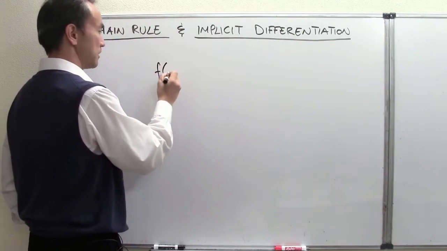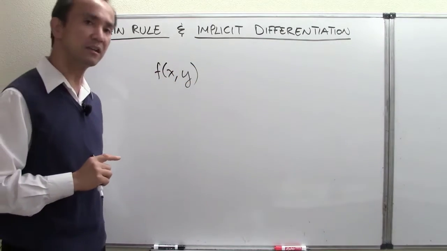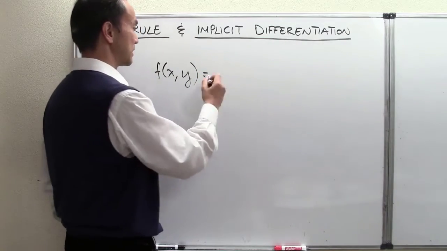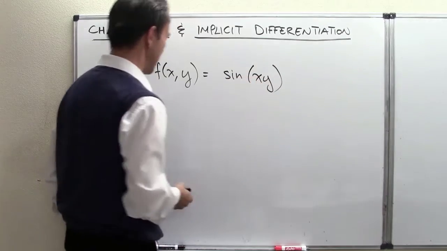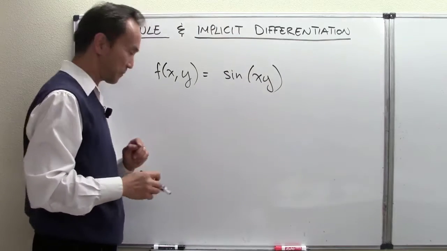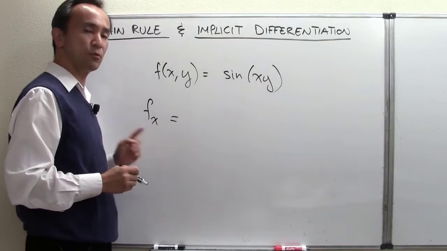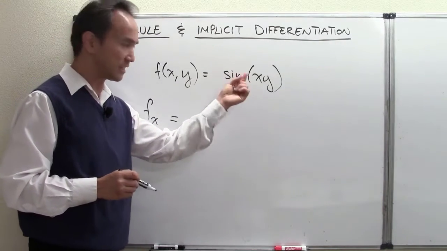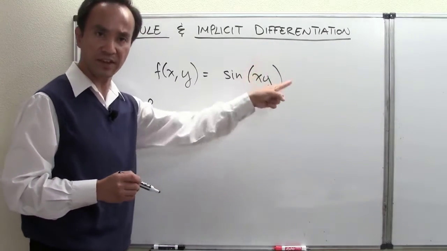It might have come up in examples that I delivered throughout the class, or in some other video lectures. Let's say we have a function sine of x y. It's a multivariable function, and if you are asked to find the partial derivative with respect to x, there's the outside function, easy to recognize, and the variable we're targeting is inside of that sine function.